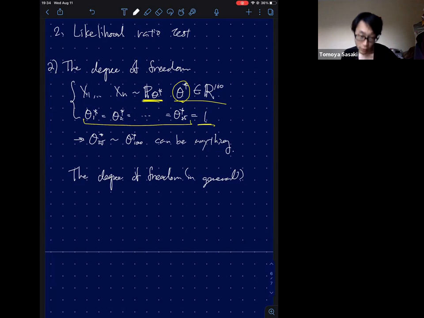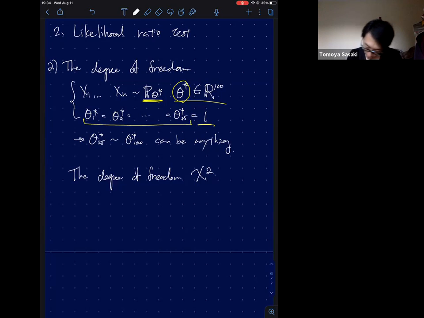Especially in the chi-square distribution case, maybe it's not safe to say it's in general. Let me check.